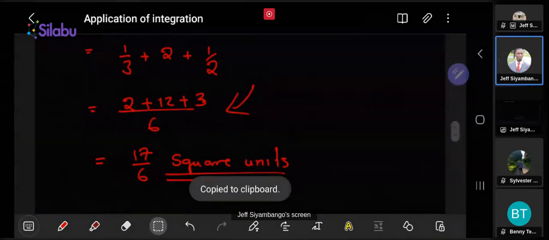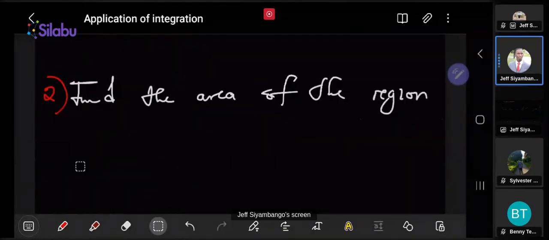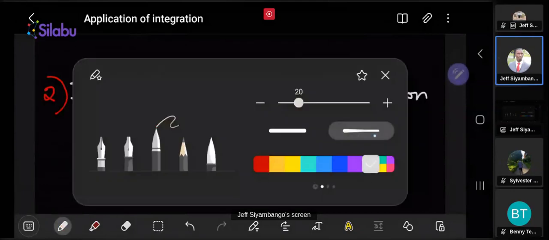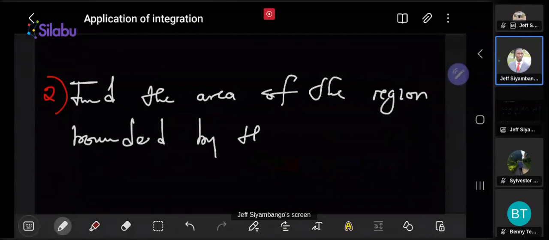Find the area of the region bounded by the graphs.